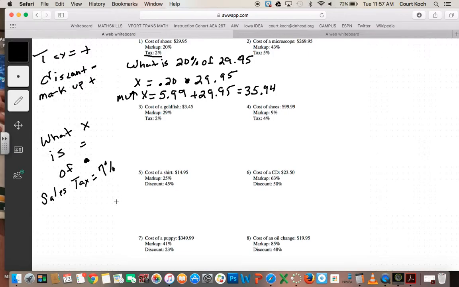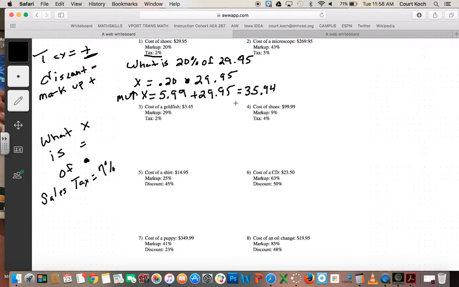So what that means is, of every dollar that you spend here in the state of Iowa, you pay 7 cents of tax. $2, now you've paid 14 cents, and it keeps multiplying per dollar. Tax, again, gets added to the amount, and you can only find tax after you know the marked up price.